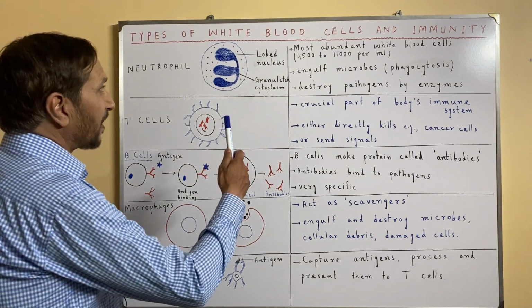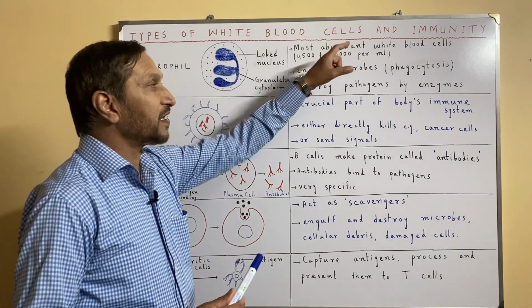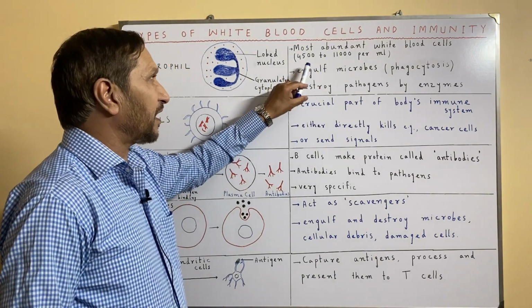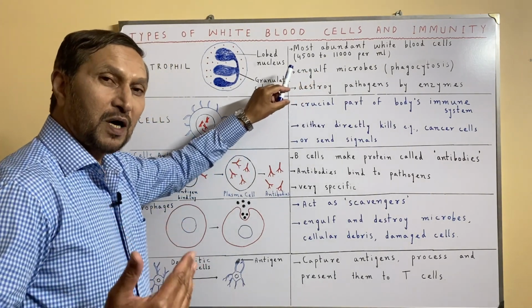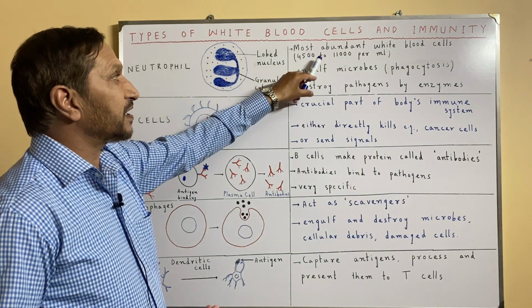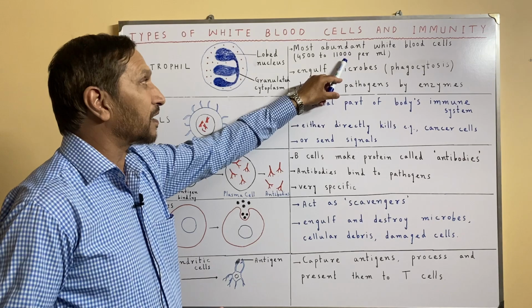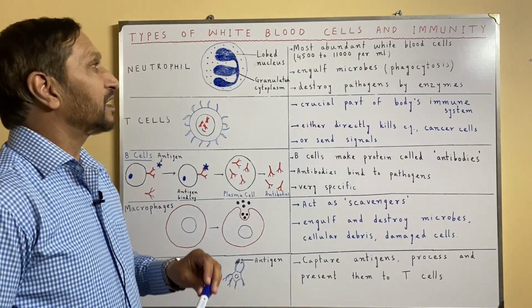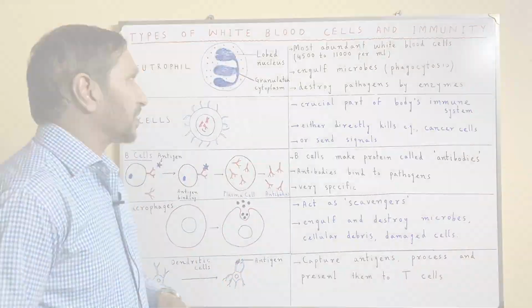Neutrophils are the most abundant white blood cells present in our bloodstream, and their numbers can range from 4,500 to 11,000 per milliliter in our bloodstream.